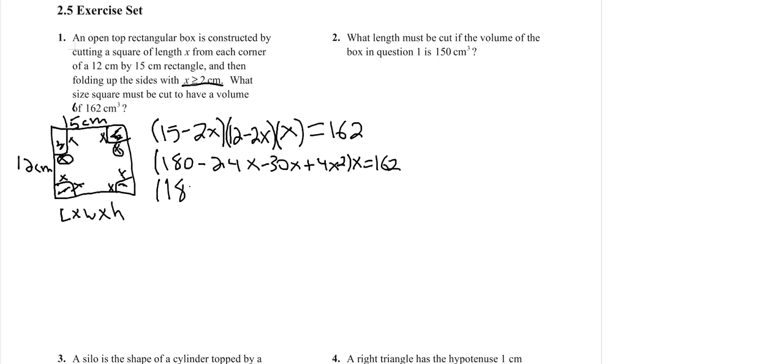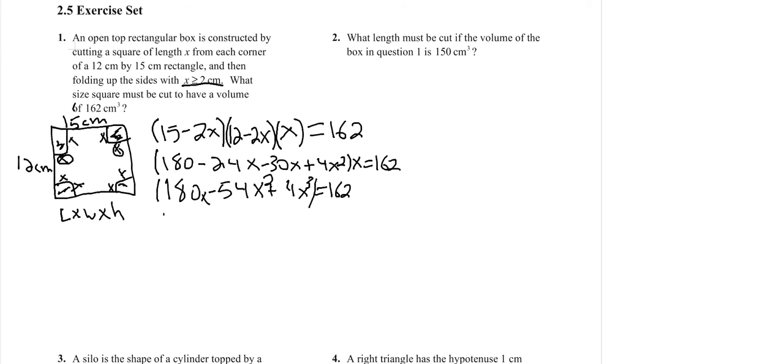So 180 minus 54x plus 4x squared, all times x, gives 180x minus 54x squared plus 4x to the 3 equals 162. Now I'm just going to rearrange this so it goes from greatest degree to least degree, and I'm also going to move the 162 over.